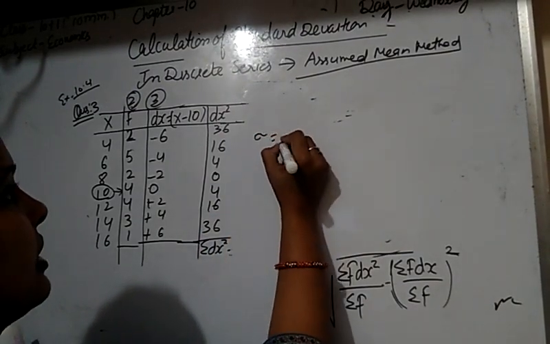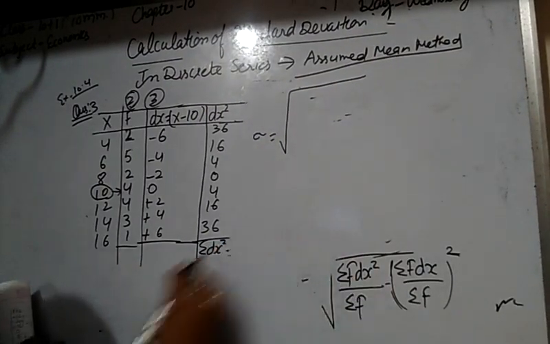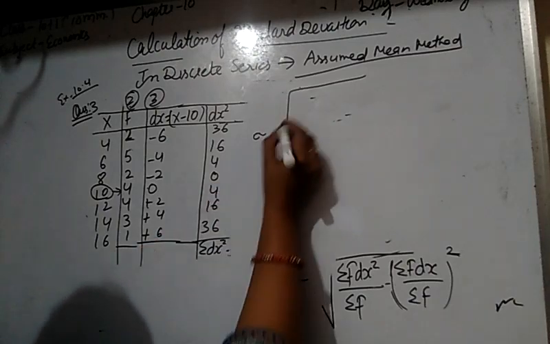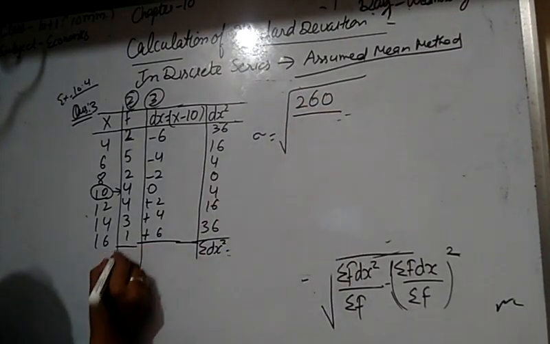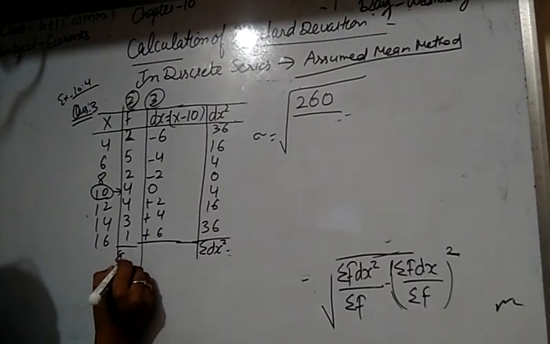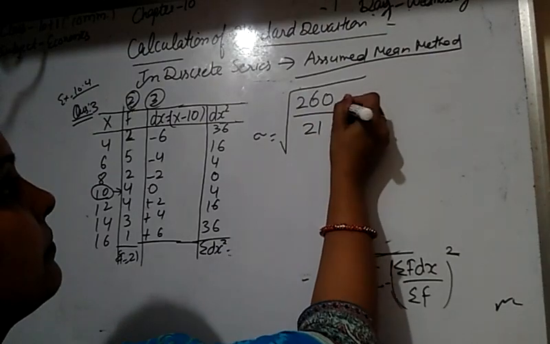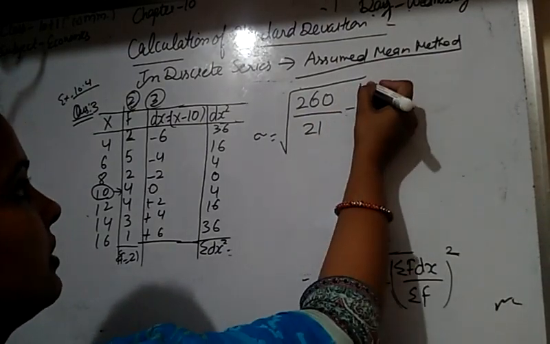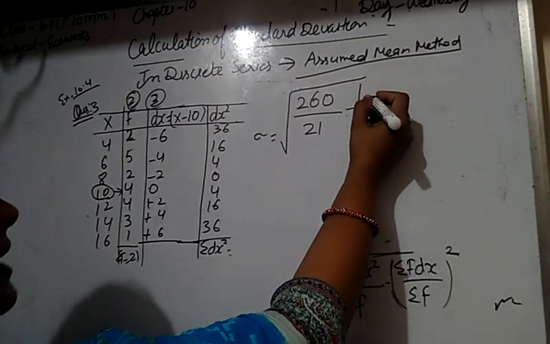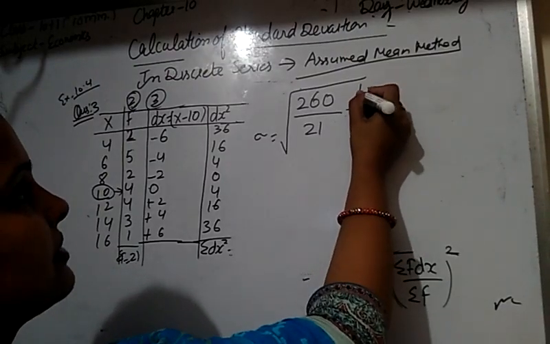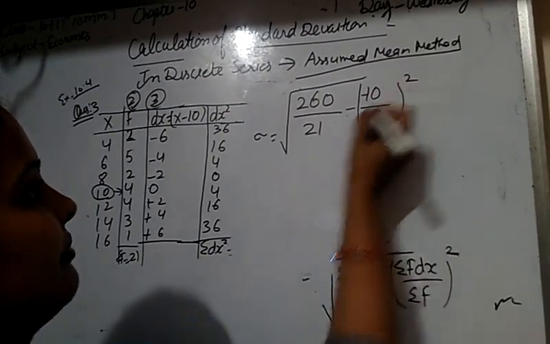So standard deviation is equal to sigma f dx square, which is 260, by sigma f, the total of the frequency column, which is 21, minus sigma f dx, which is minus 10, by sigma f.